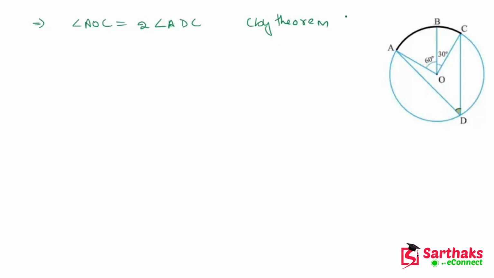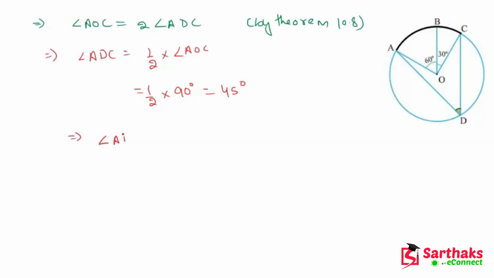From this, angle ADC is equal to half of angle AOC, and angle AOC is 90 degrees, so this becomes 45 degrees. So angle ADC is 45 degrees. I hope you get this point, my dear friends.